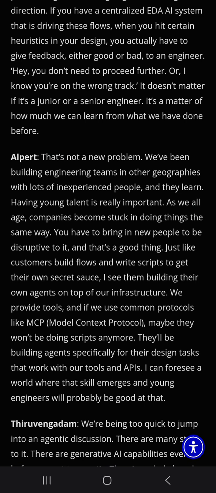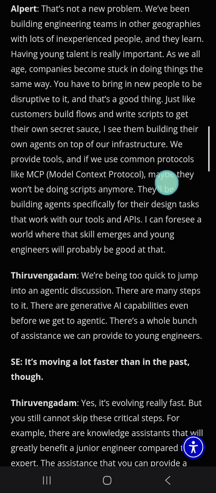Just like customers build flows and write scripts to get their own secret sauce, I see them building their own agents on top of our infrastructure. We provide tools, and if we have standard protocols like MCP, Model Context Protocol, maybe they won't be doing scripts anymore.